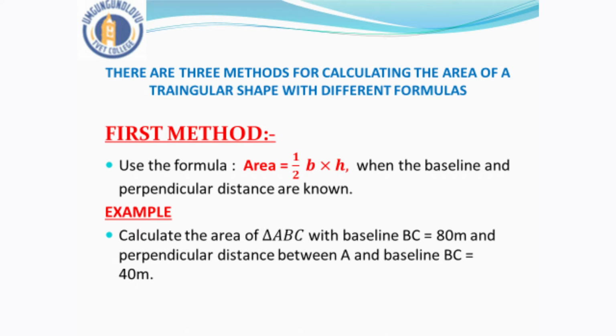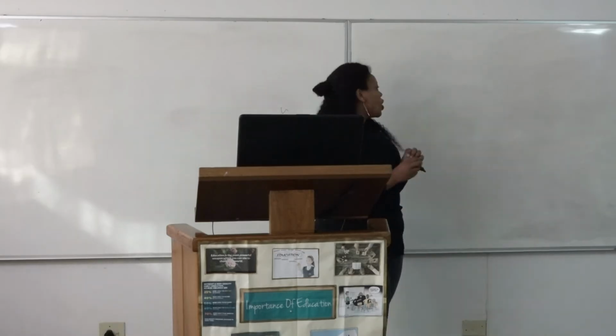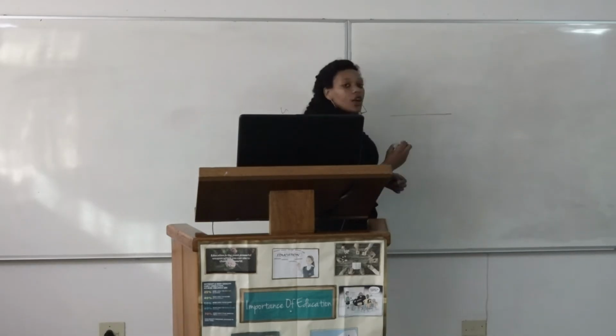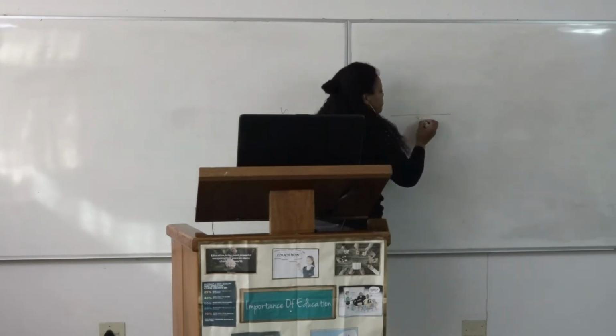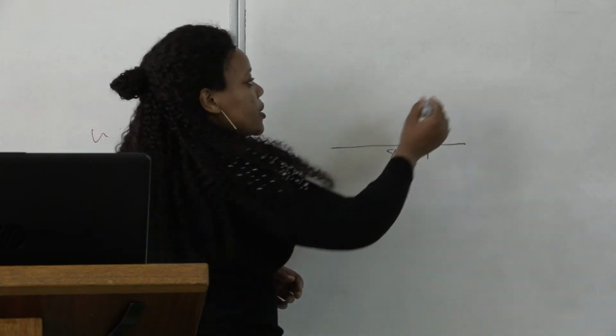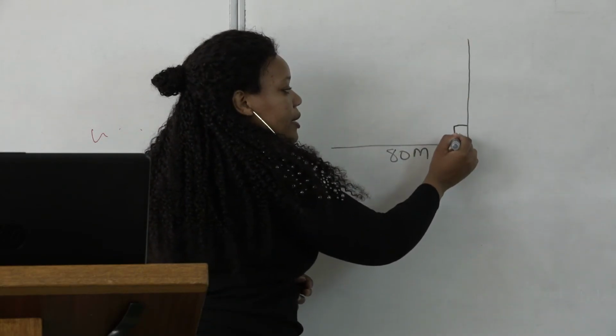Okay, the first thing that you need to do, you need to draw a rough sketch of your triangle, using the information that you are given. We were told that we've got the baseline, which is equal to 80 meters, and we've got the perpendicular distance. Since it's perpendicular, it forms 90 degrees here.